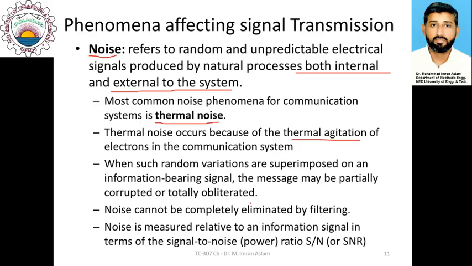The worst thing regarding noise is that we cannot eliminate noise by filtering. There is no standard type of filter that can totally remove the noise. No matter what we do, there will be some noise remaining in the system, which will be available at the receiver side.